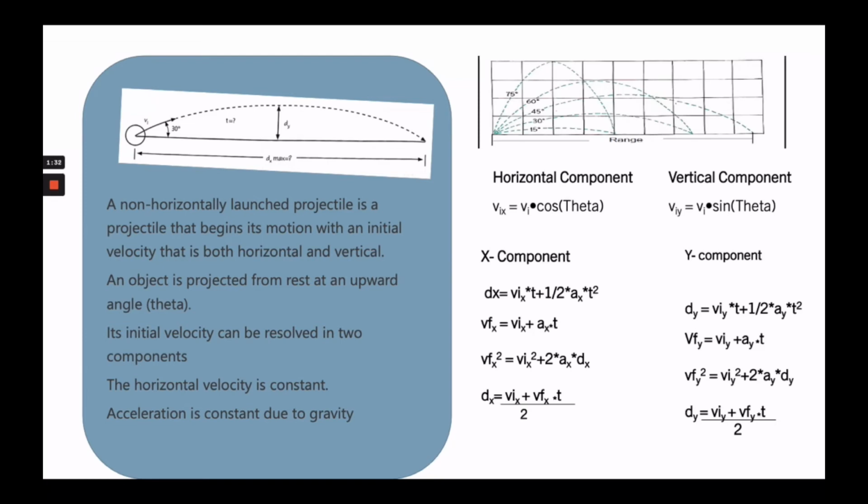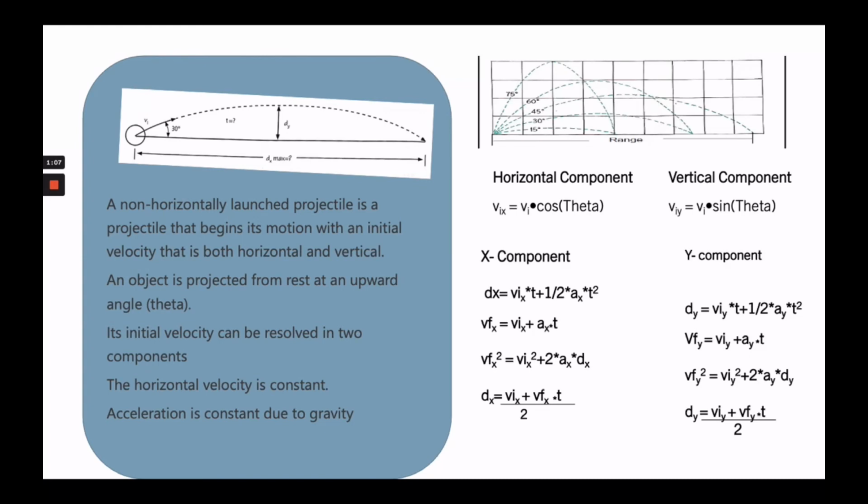Second, an object is projected from rest at an upward angle. Third, its initial velocity can be resolved into components. Next, the horizontal velocity is constant. So the concept for horizontally launched projectile also applies in non-horizontally launched projectile when it comes to velocity.